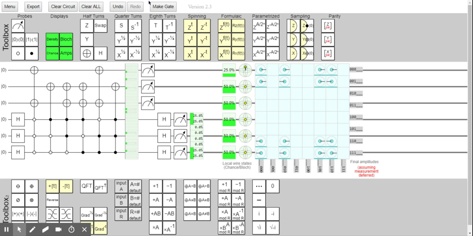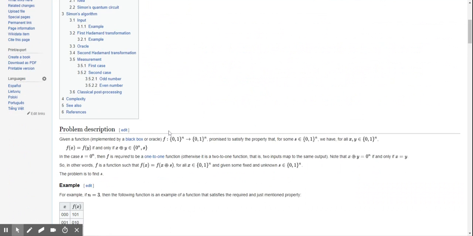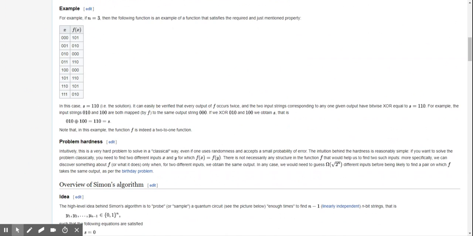Sorry, I'm stupid. I mean, it's obvious that if you measure the f of x first, you're basically going to get, that's interesting.